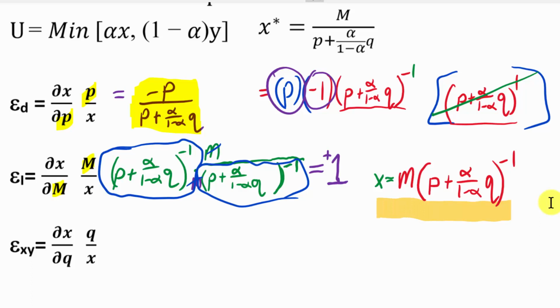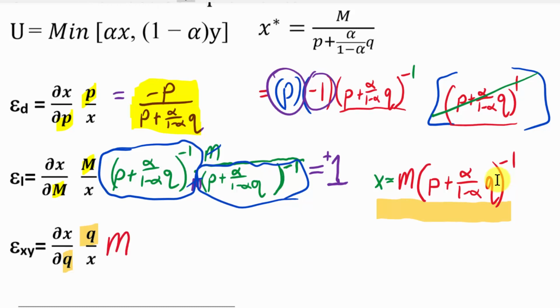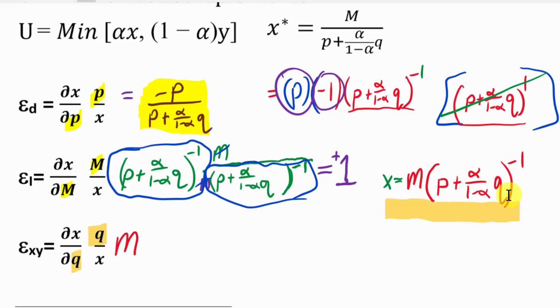We're going to take the derivative with respect to Q, which is the price of good Y. Since that Q is inside that function, we have to use a similar process to before: the chain rule. Let's write that m down first, multiplied times the derivative of the inside, which is alpha over 1 minus alpha, since that's q to the first power.